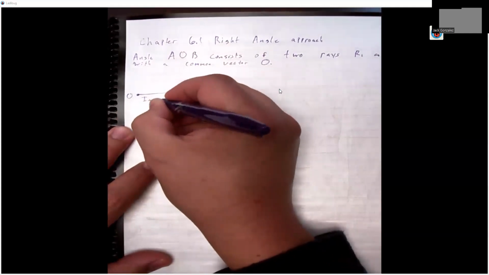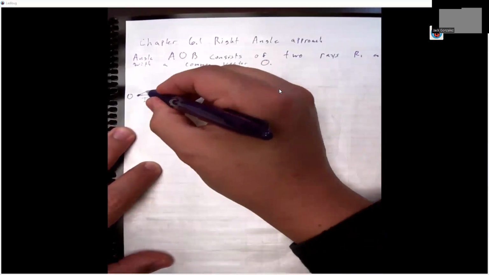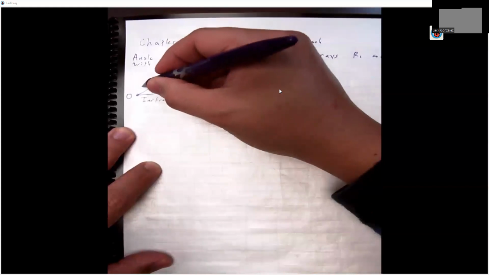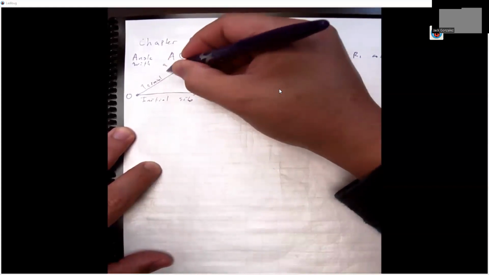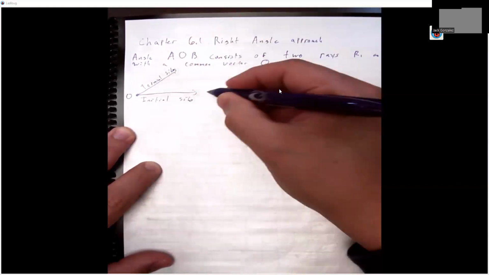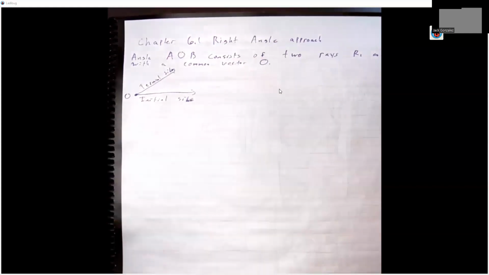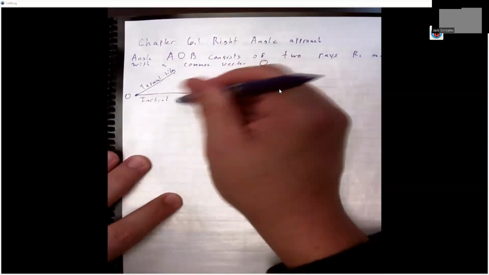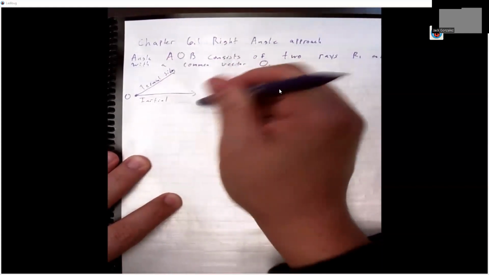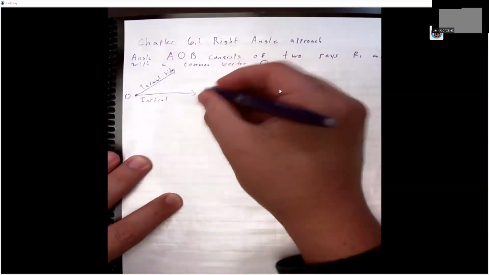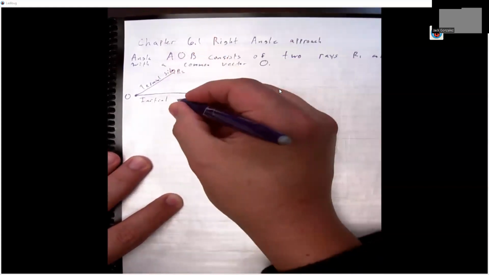This is my initial side. And then we have the terminal side, right? R1, R2.